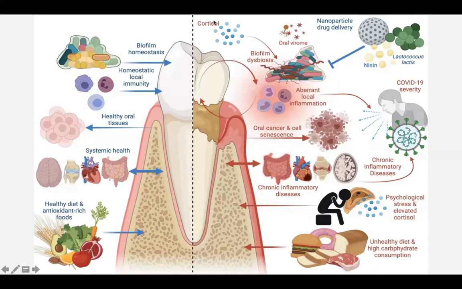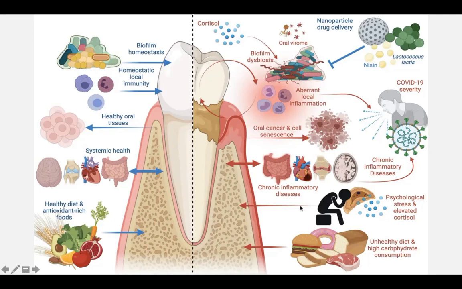But when there is stress, we have cortisol. Cortisol will increase biofilm dysbiosis. Dysbiosis means bad bacteria will replace good bacteria. There are also some oral virome, viruses in the oral cavity, Lactococcus lactis, and others, and then we have local inflammation, because all of these will cause local inflammation and change the situation from the healthy to a disease state of the tooth.